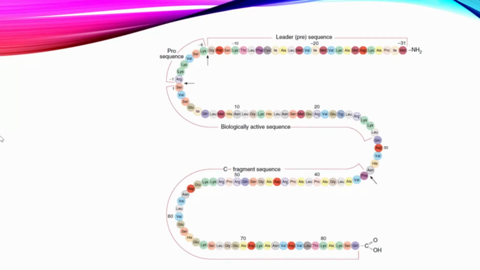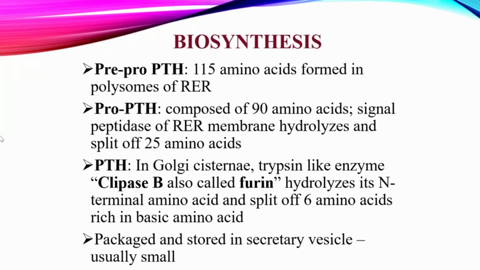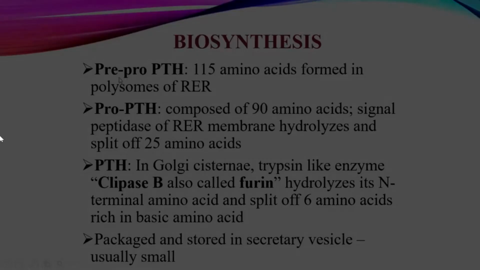The removal of six amino acids from the N-terminal is done by the enzyme called furin, which is present in the Golgi apparatus. You can see this in the figure also.